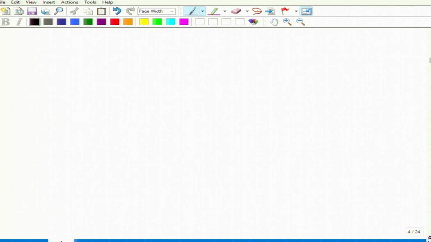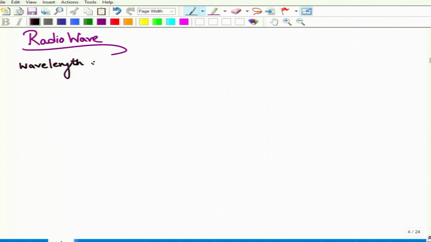Okay, so let me start with radio wave. What is the range? First we have to define the range for the radio waves. The wavelength is 10 to the power 4 meter to 0.1 meter.